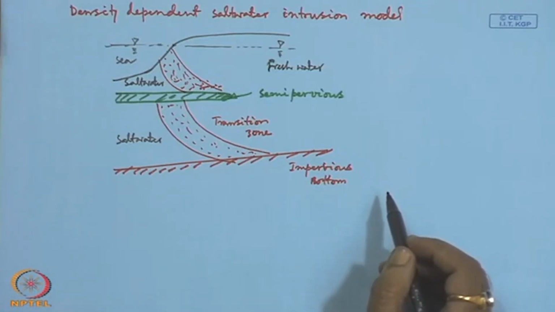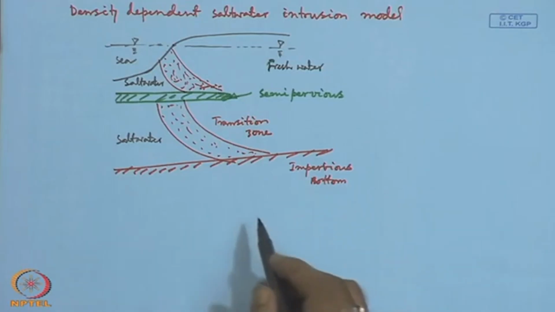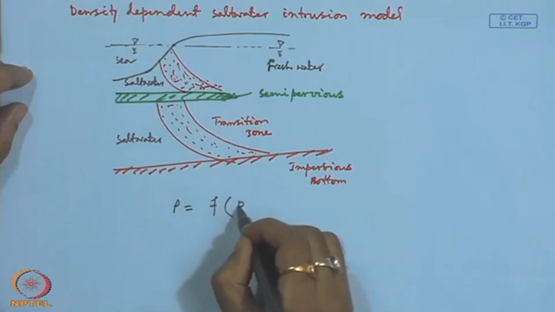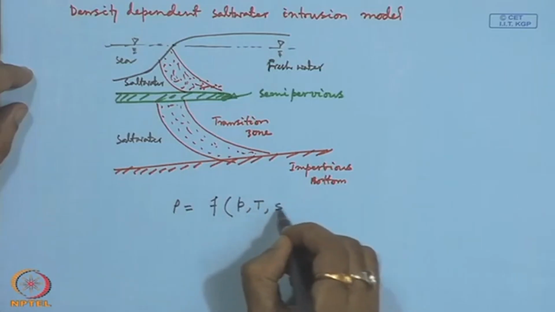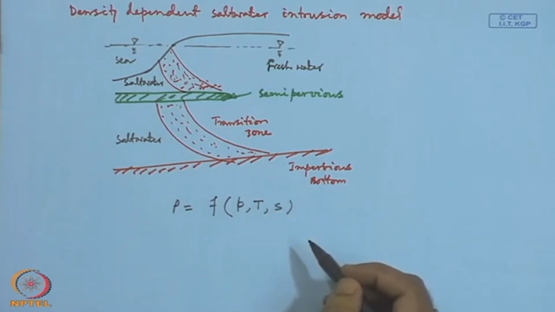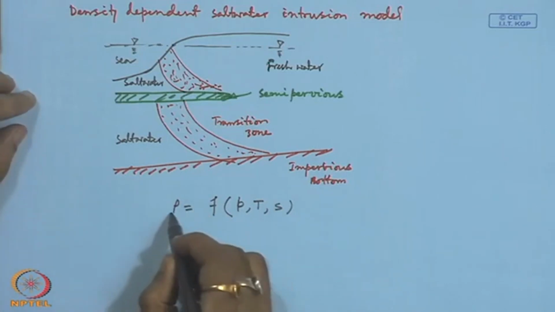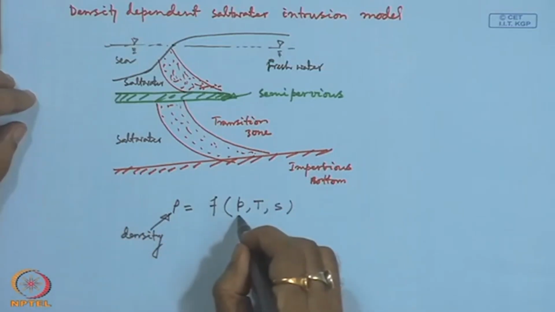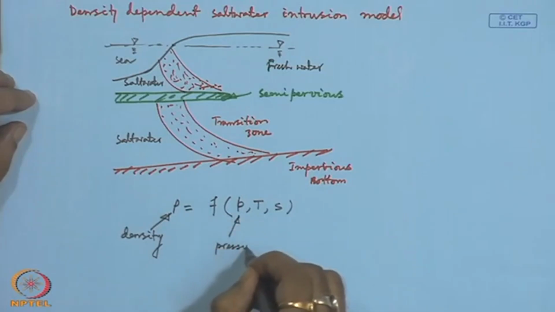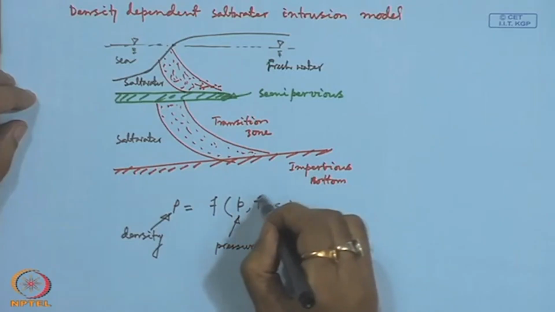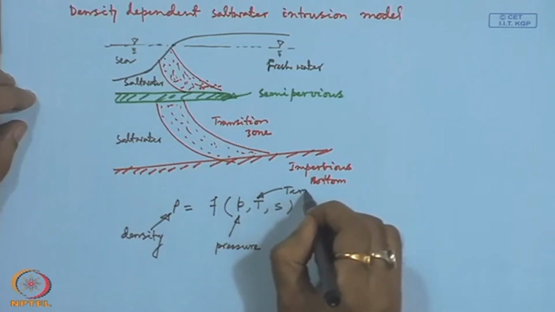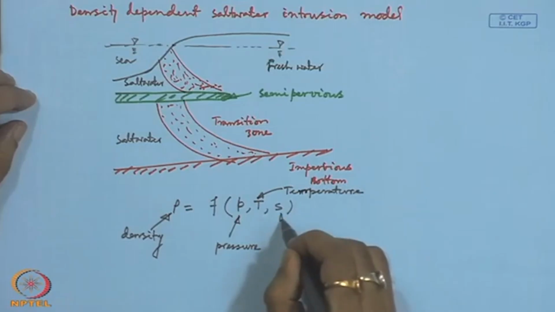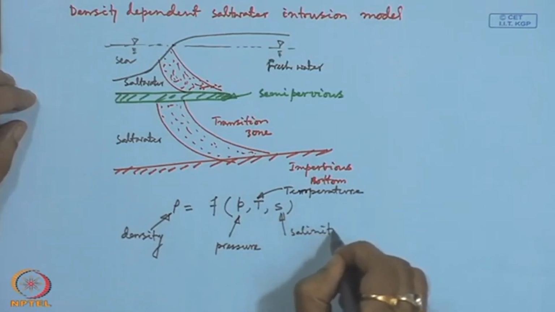In this case, density is considered to be a function of pressure, temperature and salinity.